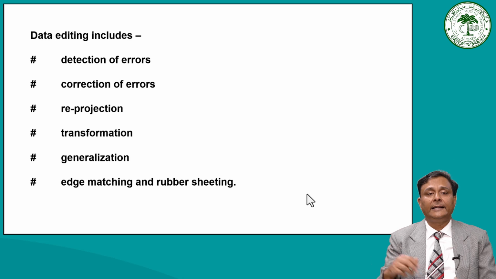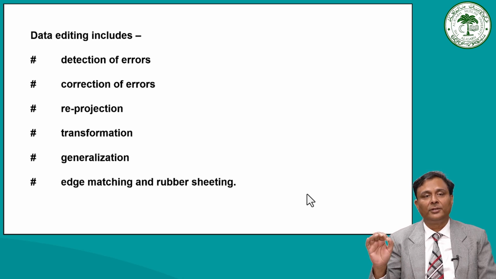So data editing includes, firstly, detecting the errors. When we know in which format the original data exists and what the process of bringing that data into spatial information is, we would be aware of the possible errors which may come into our system. So first, be careful, detect the possible errors which might come, and correct the errors at the beginning itself.